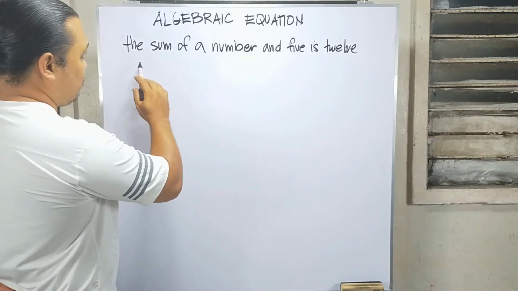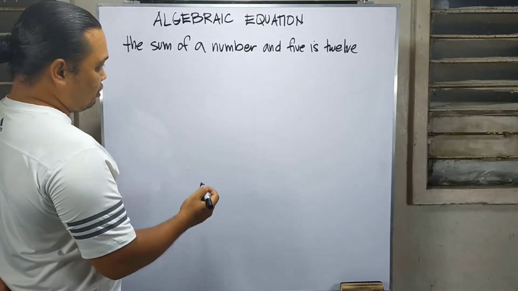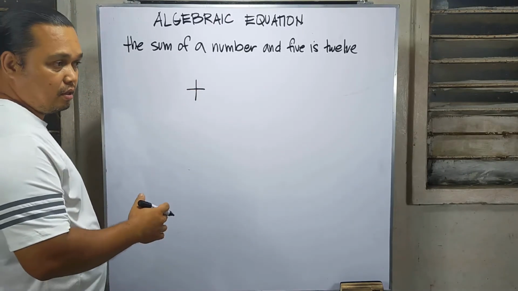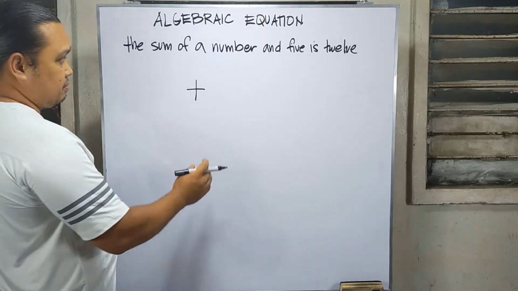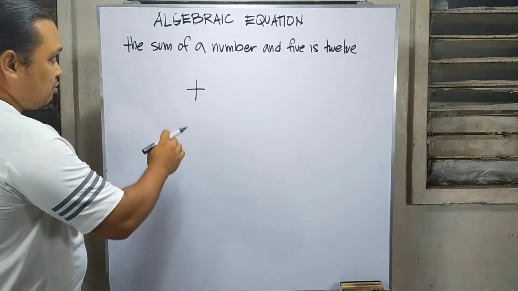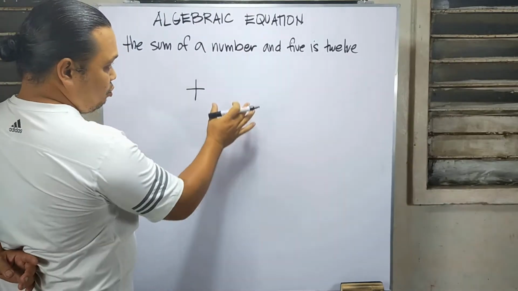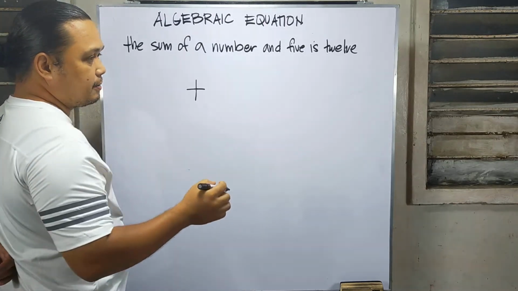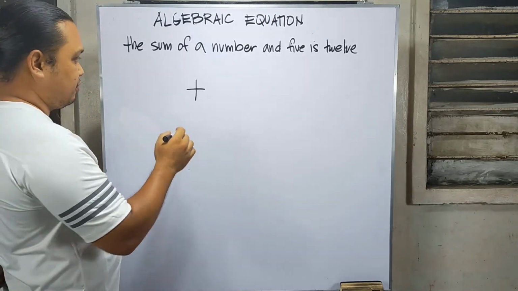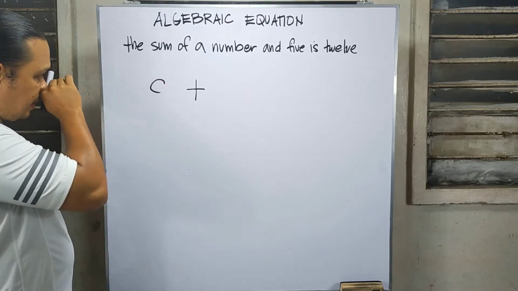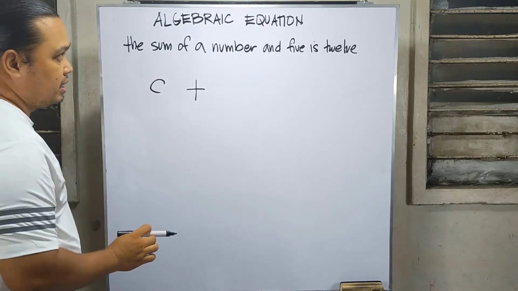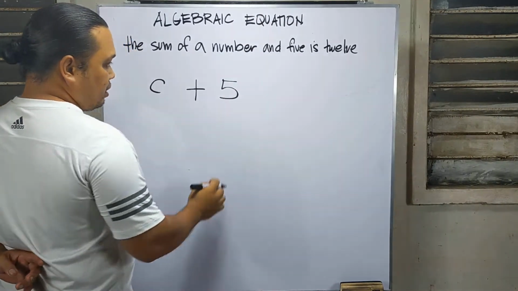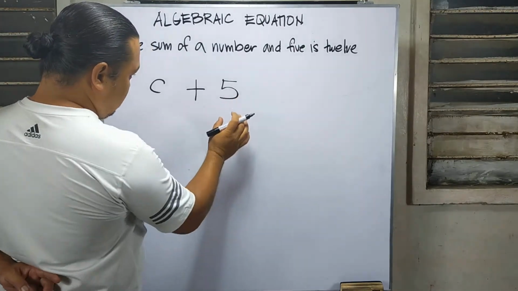To read this, the sum of a number: the sum here, of course, is addition, because the result of adding numbers is the sum. Now, a number here is a variable because we do not know what value that is. So let's assign it a letter, for example, C. Now C here is a particular number, and 5 is our constant.